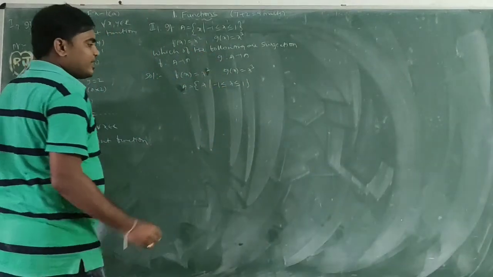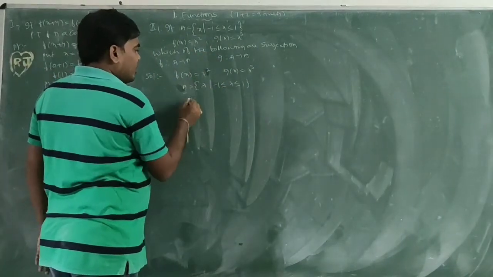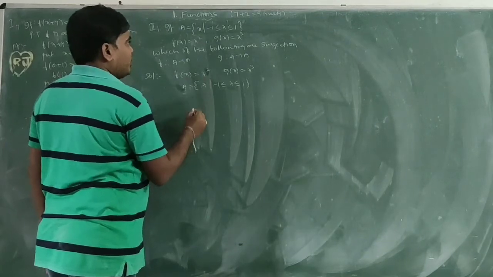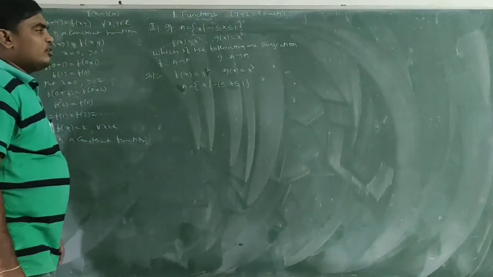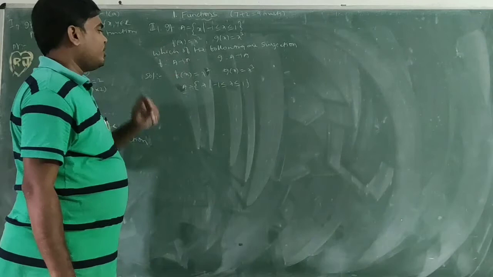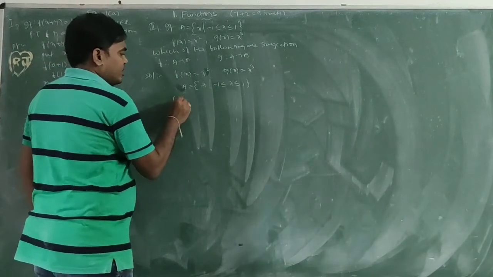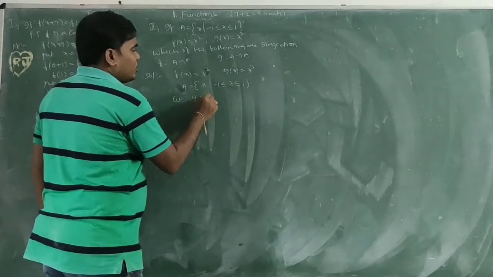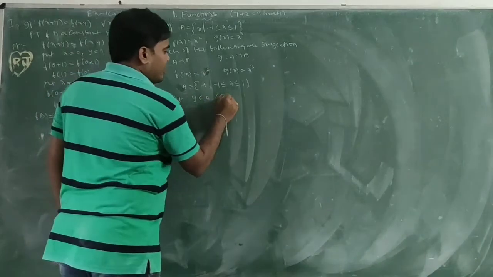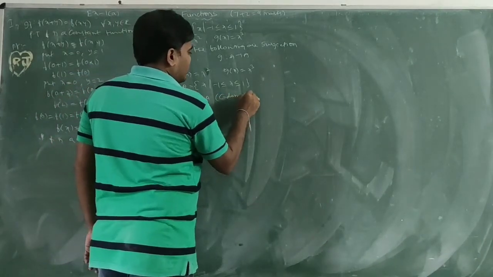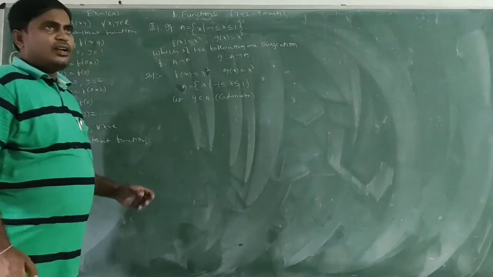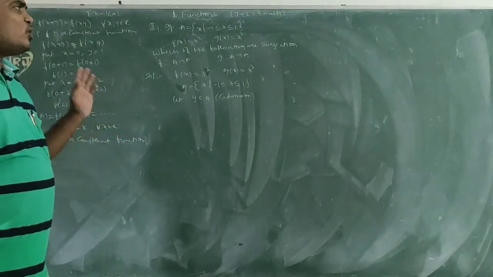So let us consider an element in the codomain of f. So f from A to A, let y belong to the codomain A. If it is a surjection, it means codomain equals range.